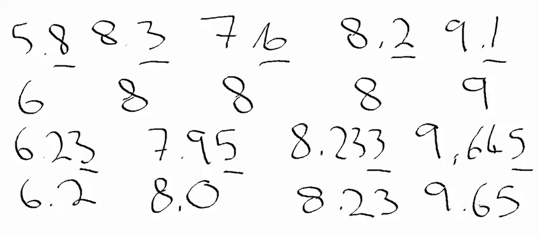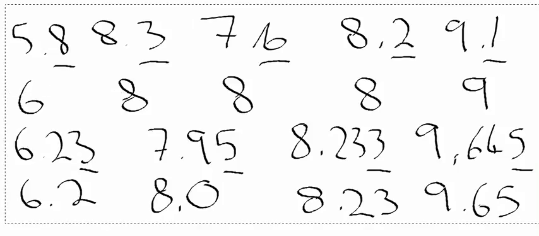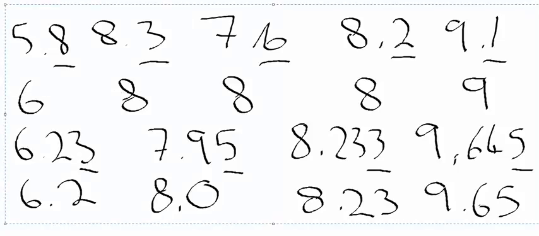So we get 9.65 instead of 9.64. So look at the next decimal place down. If it's a 5 or above, add 1 on to the previous decimal place and chop off the rest. If it's below 5, just chop off the rest.